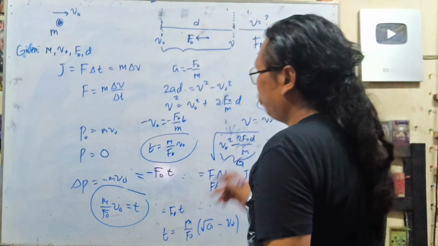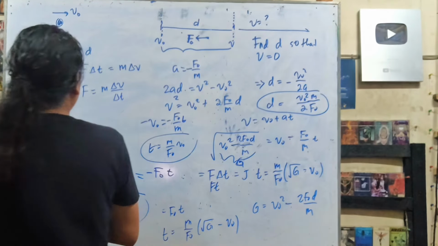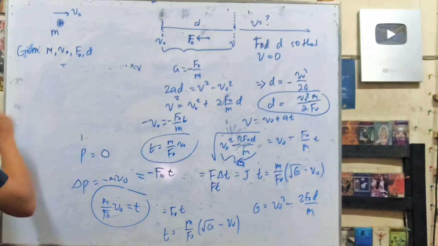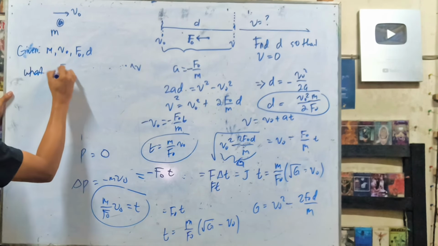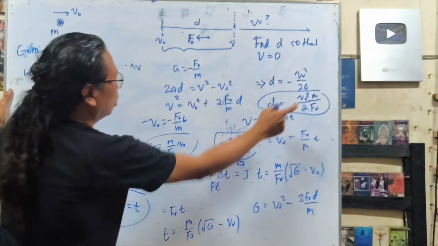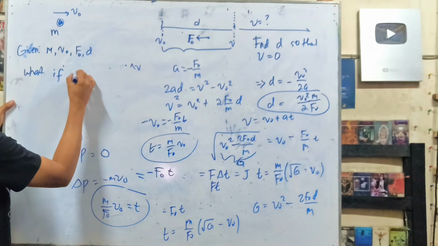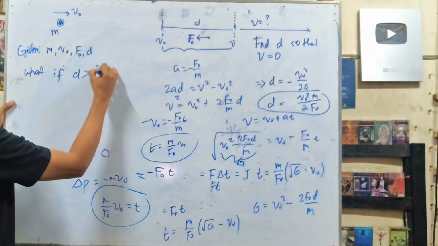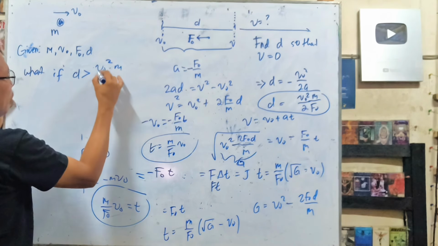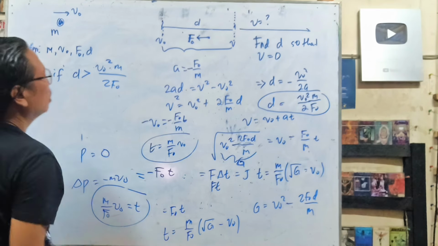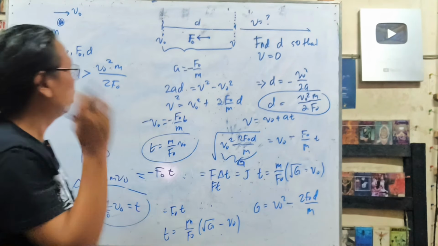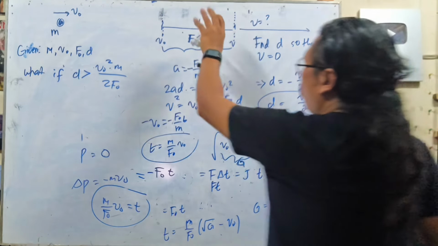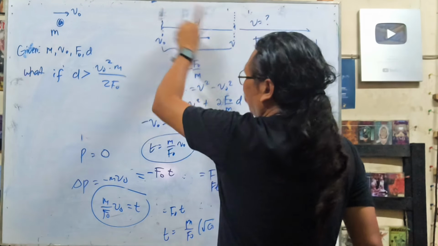But what if the distance d is greater than this, v naught squared m over 2 f naught? Then we would see that the particle is going to come out here.